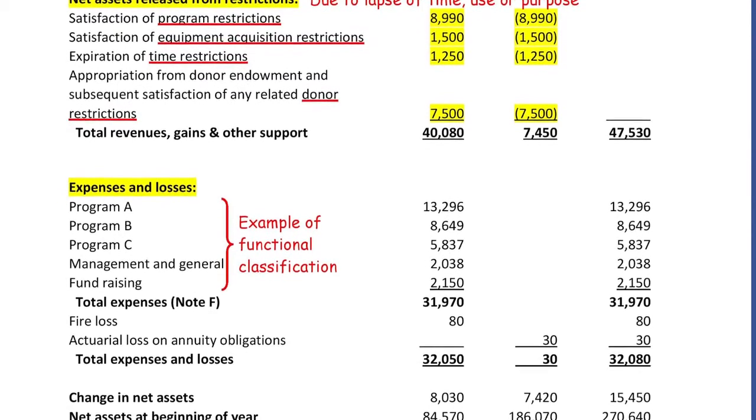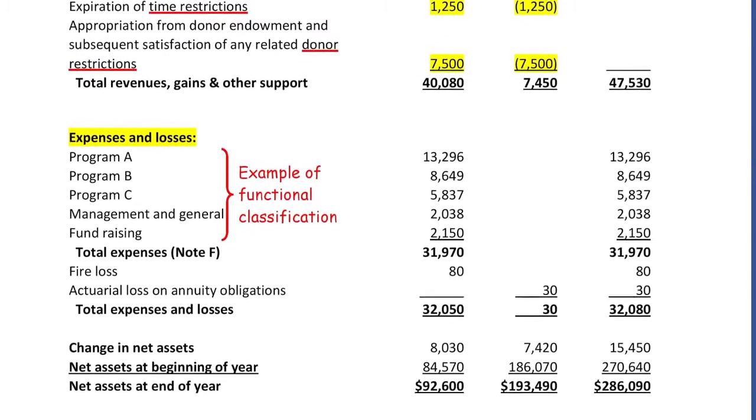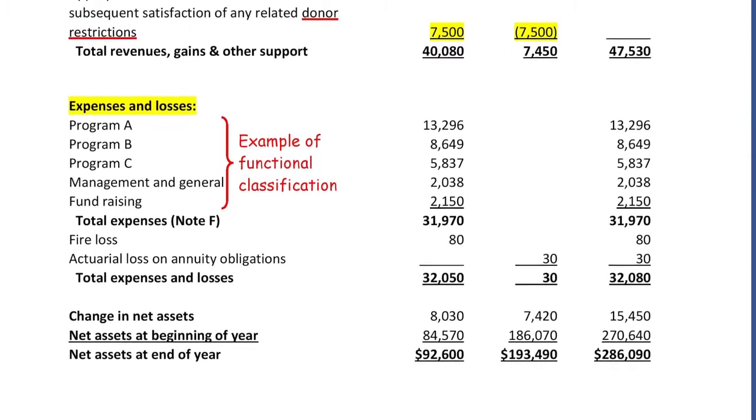Now, all the expense amounts, as you see, are under the column of without donor restrictions, or the UNA column. Drop a bracket there and write expenses, that's equal to always unrestricted or always without donor restrictions.